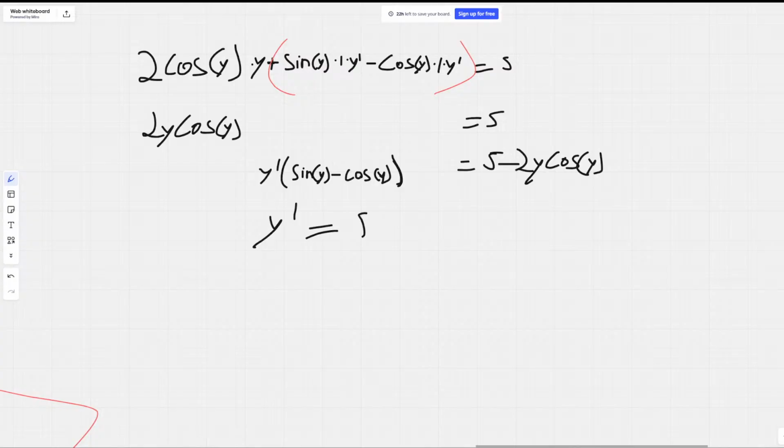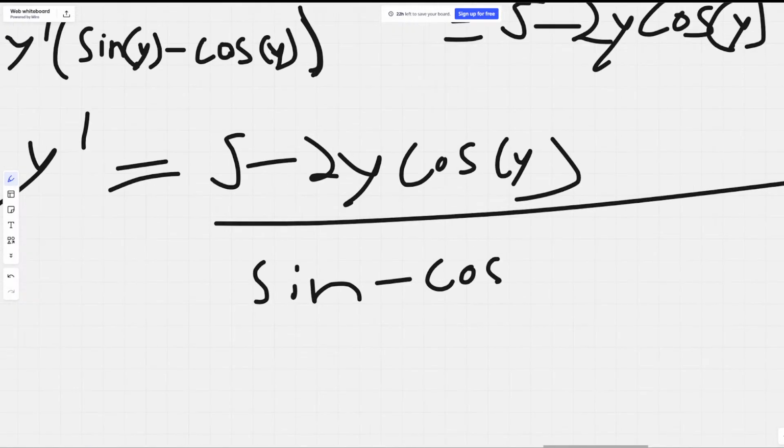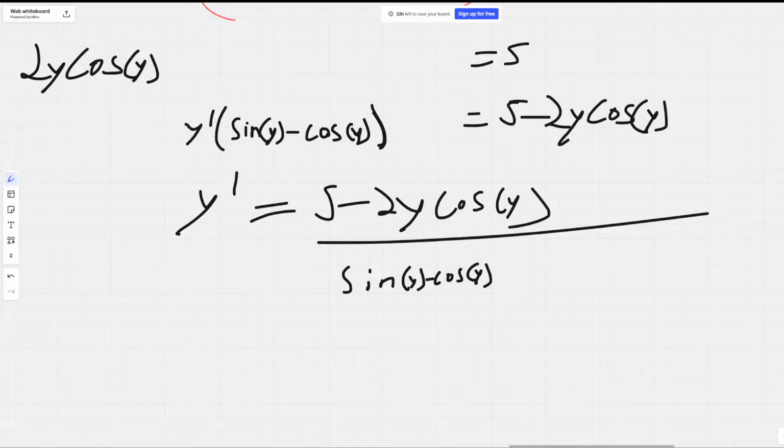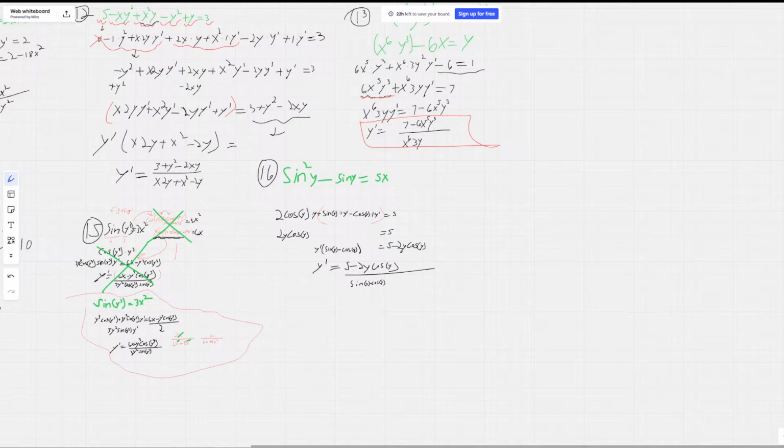Y prime equals 5 minus 2y cosine y all over these guys. Neat.